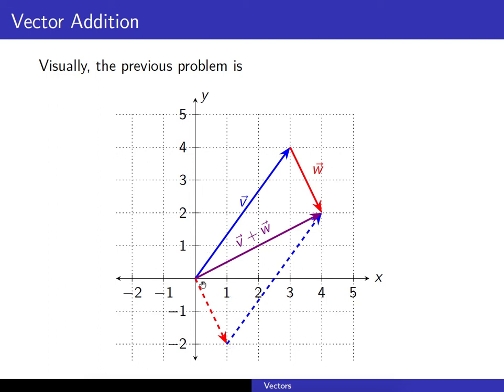So notice we didn't change the direction w is pointing and we didn't change its length, so we can go vector w and then add in vector v, and we're going to end up in the exact same place. So vector v plus vector w, much like adding regular real numbers, is the same result as vector w plus vector v.